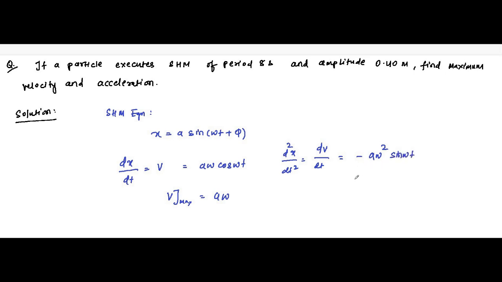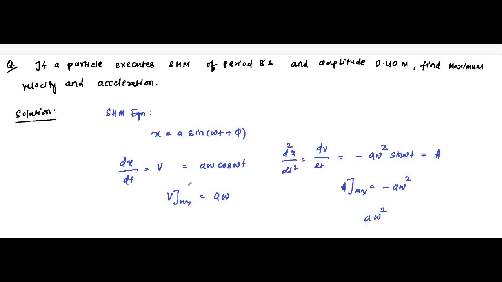And this is the acceleration of the SHM motion, and this will have a maximum value when the sine thing becomes equal to 1, and that maximum value will be equal to a omega square. So if we only consider the magnitude, it will be a omega square.